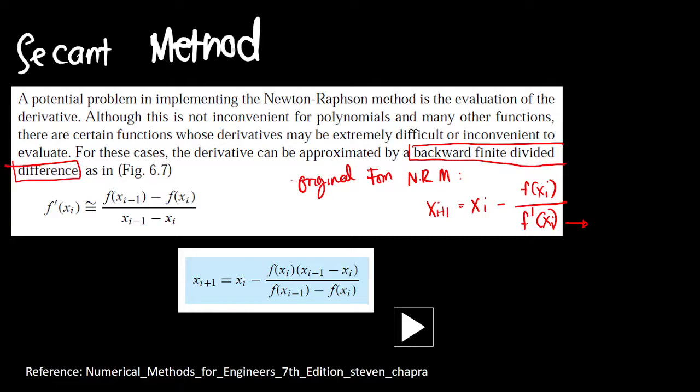You could have forward, you could have centered finite divided difference, but in secant method it uses the backward finite divided difference, for which the equivalent equation is the value of the function substituted with the root that is one step backwards, minus the value of the function substituted with the present root, all over the difference between the roots, let's just say x sub i minus 1 minus x sub i.